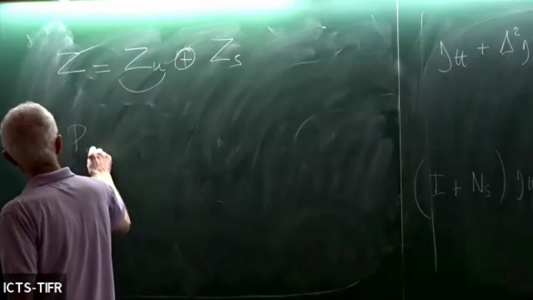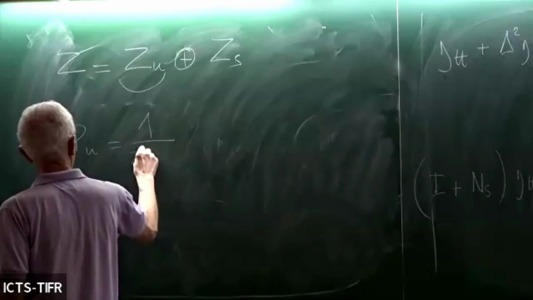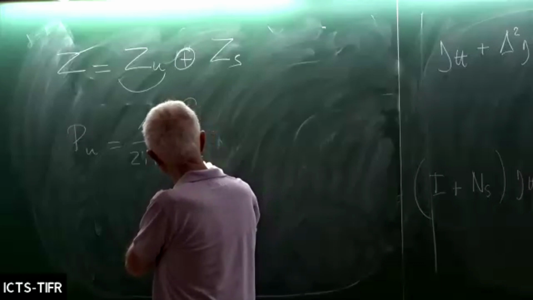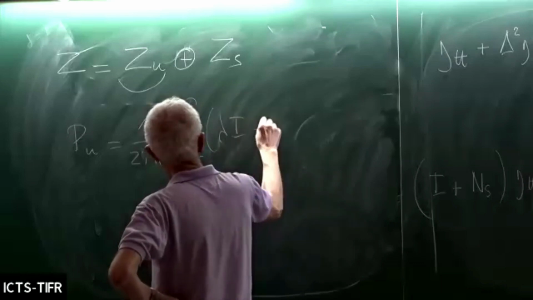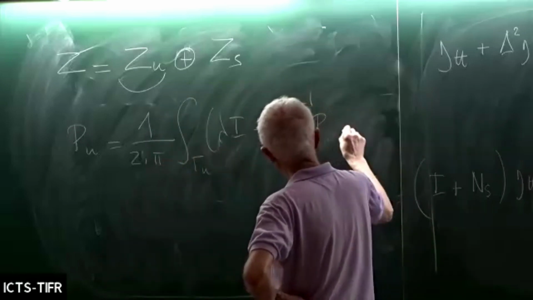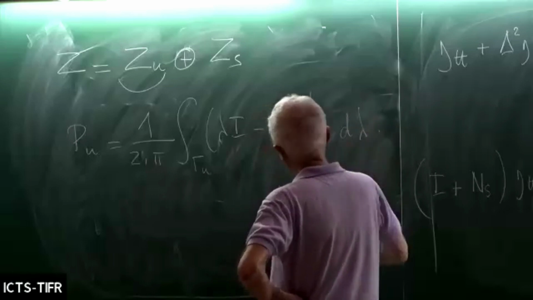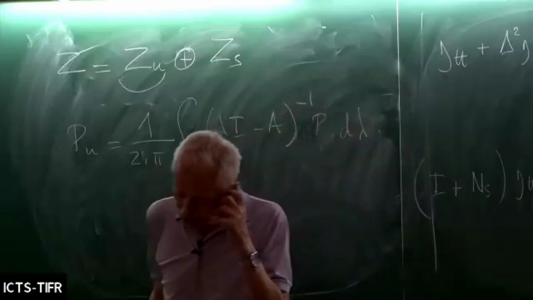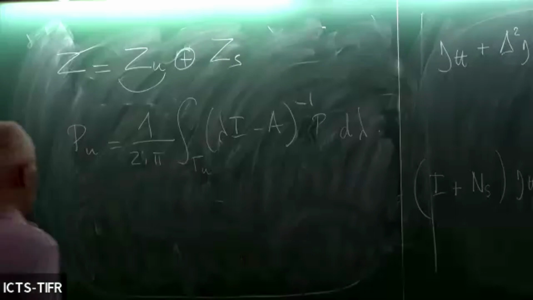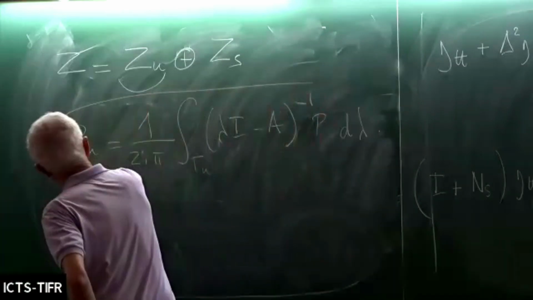We have to introduce the projector, which is of this form. With P or without P, it's not important. D lambda. But we would like to use that from a numerical viewpoint. And from a numerical viewpoint, we do not compute the projector like that.